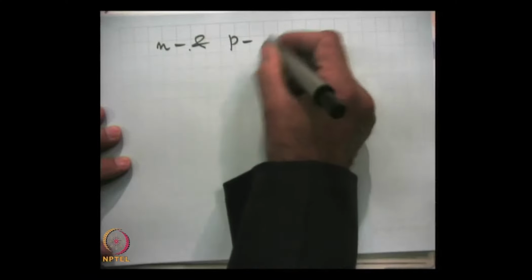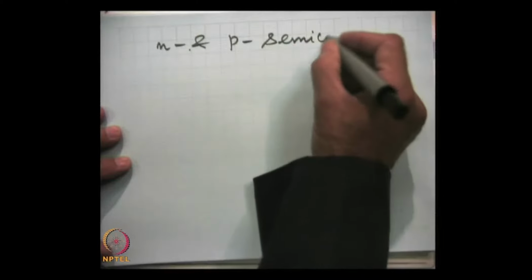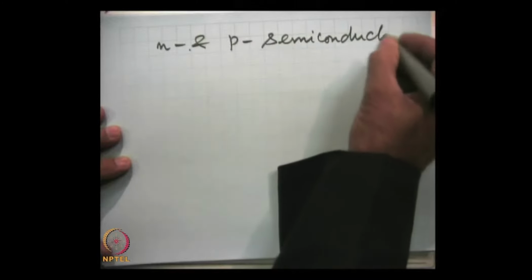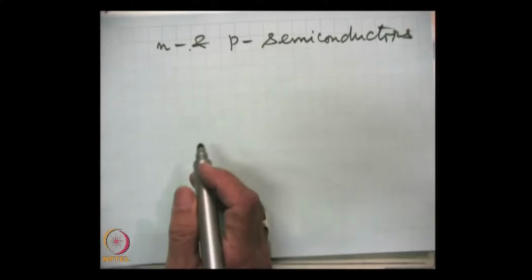Now, how do we get N and P type semiconductors?